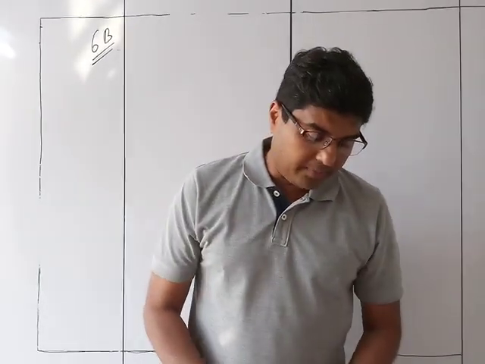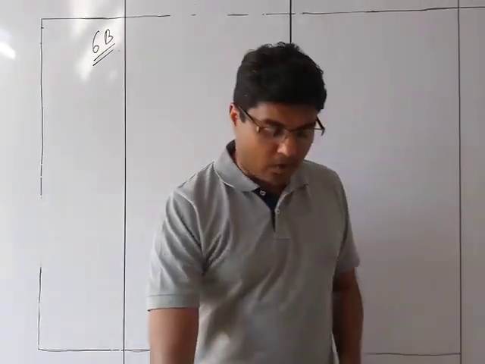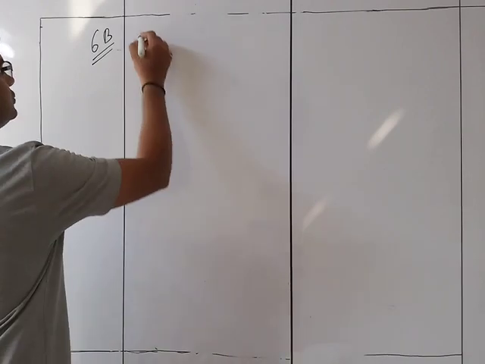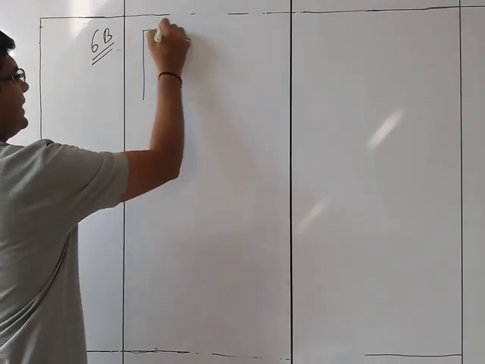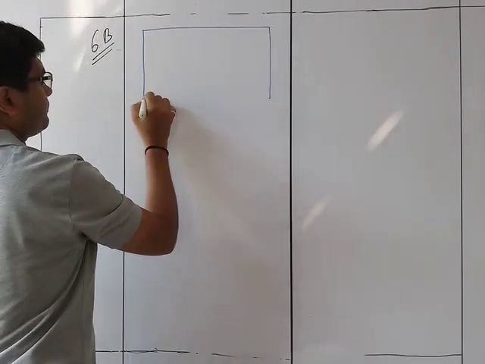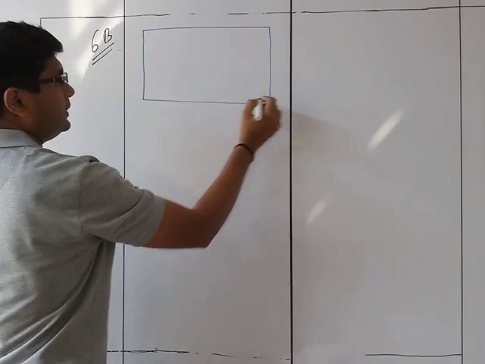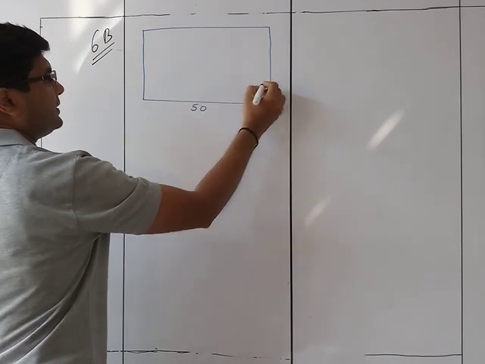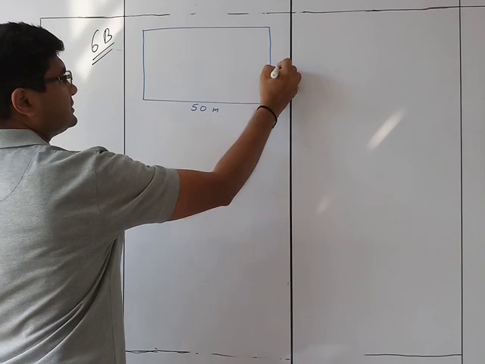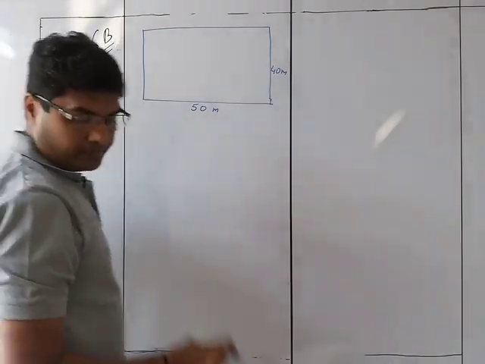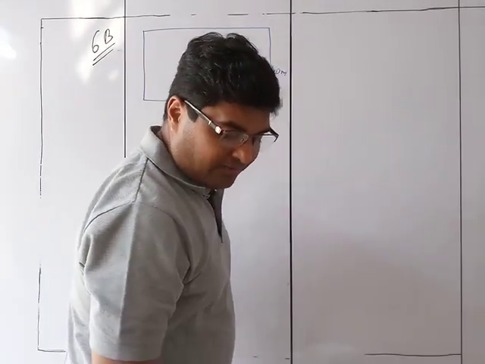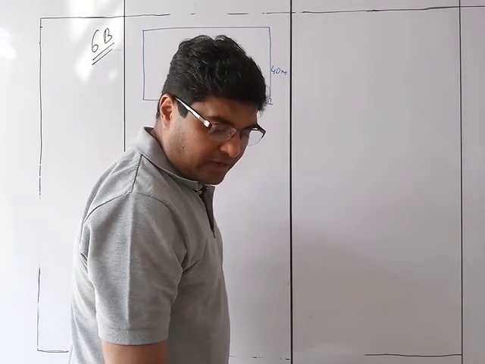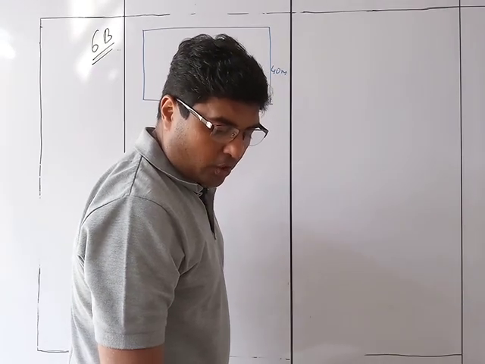So what it actually says is that there is one rectangular field. So this is a rectangular field. This rectangular field is 50 meters by 40 meters. The flower bed is prepared inside the field, leaving a gravel path of uniform width all around the flower bed.